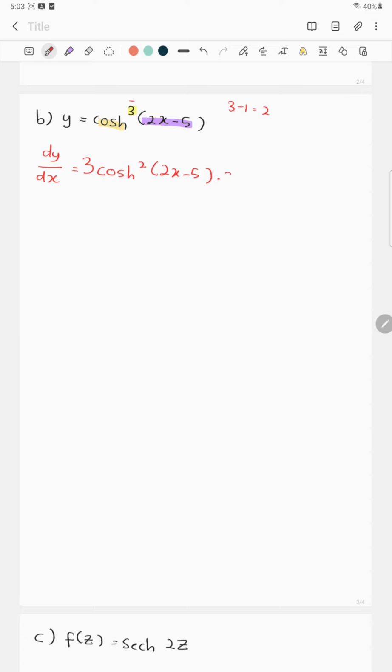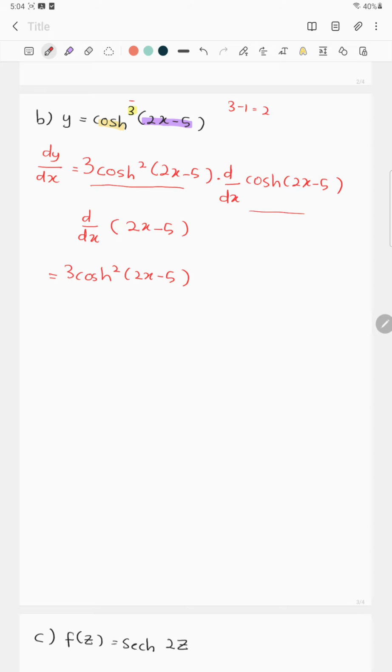And then, okay, the second outermost that we need to differentiate is cosh. And then the last thing that we need to differentiate, the inner one, is 2x minus 5. Since this has been differentiated, we just put it right back.